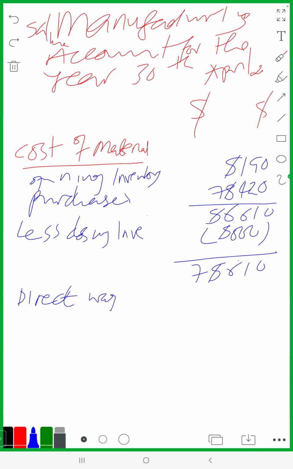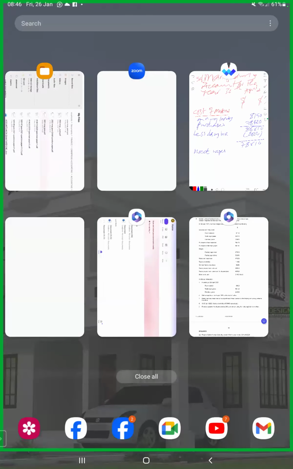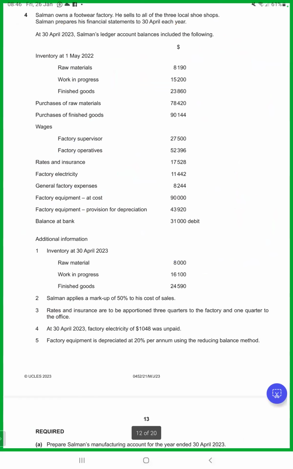Let's go to the direct wages. Direct wages are factory wages, those that take place in the factory. What could be the value of the direct wages?